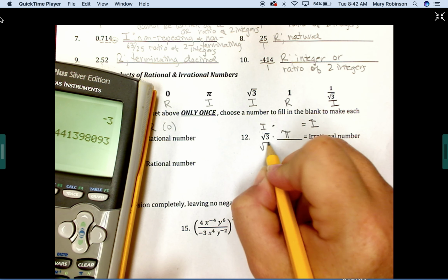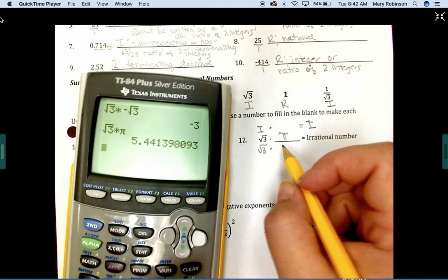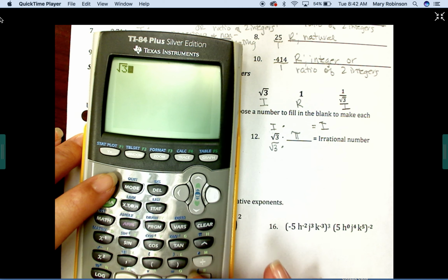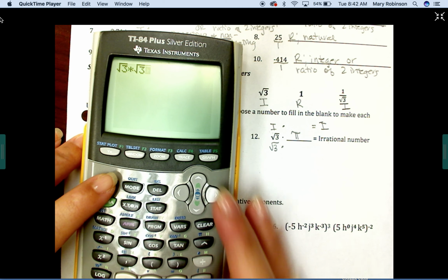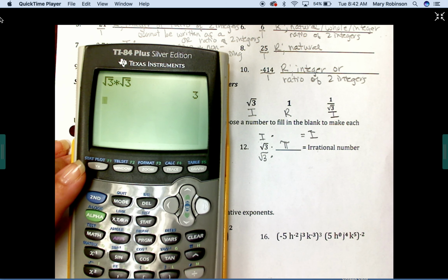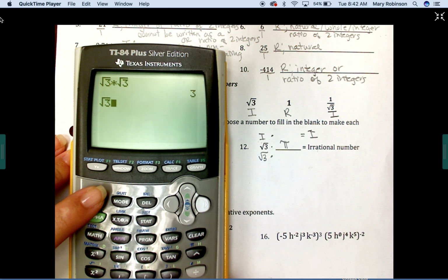Other options you might have chosen, if you were to multiply the square root of 3 times, and let's check this out, square root of 3 times square root of 3, if we multiply it by itself, we get the square root of 9, which is equal to 3. So that would not work. If we did the square root of 3 times 1, that would be irrational.